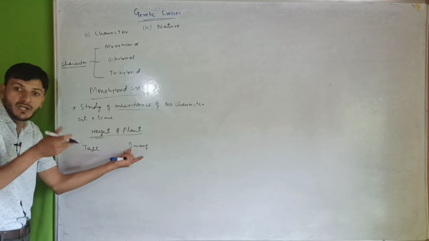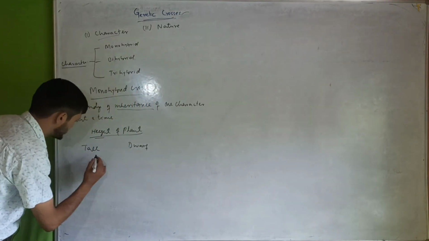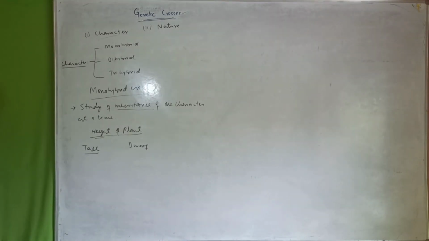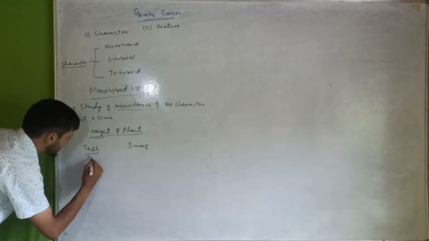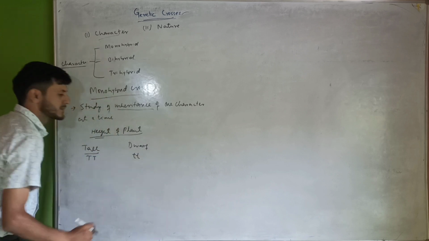Tall and dwarf are two contrasting traits. Got it? Okay. Every trait is represented by two alleles. Tall is represented by capital T, and dwarf is represented by small t.